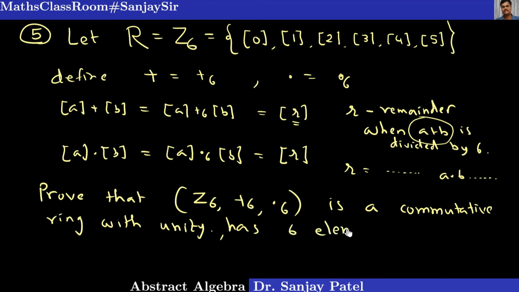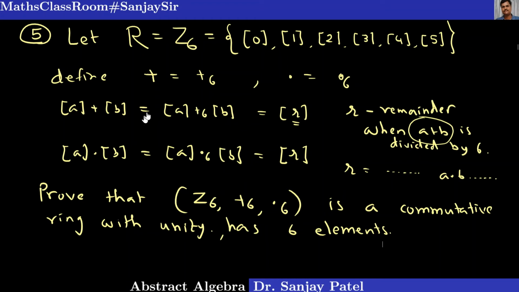So this is the first example of a ring which we are considering which has a finite number of elements. So it is a finite ring, an example of a finite ring. This is the first example we are considering of a finite ring. It has exactly 6 elements.